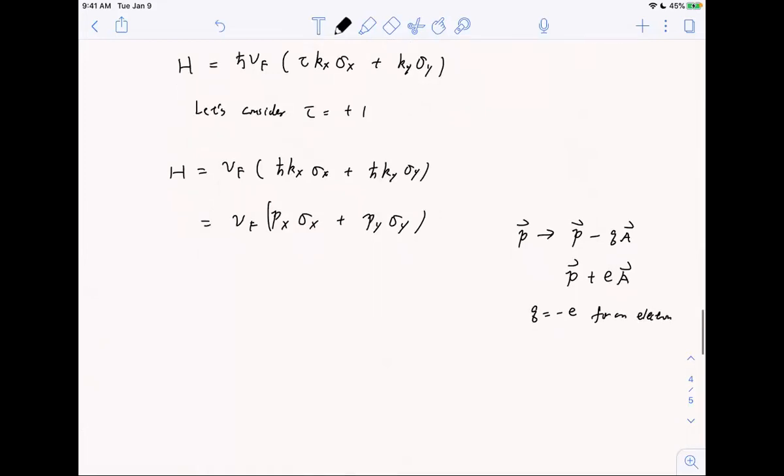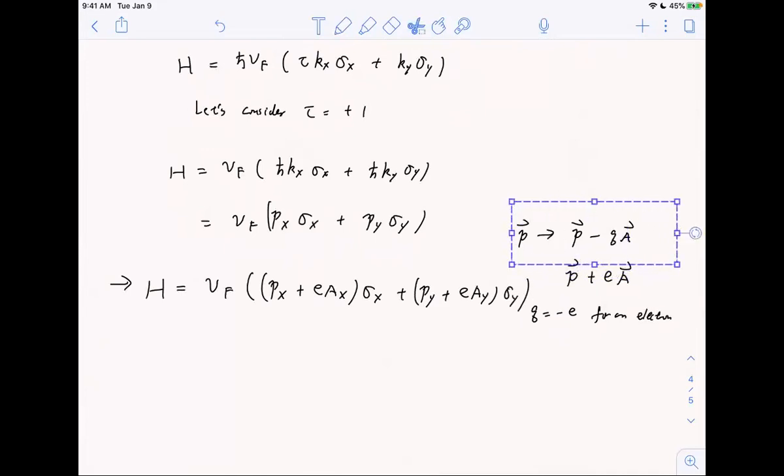So this will become px plus eAx sigma x plus py plus eAy sigma y.